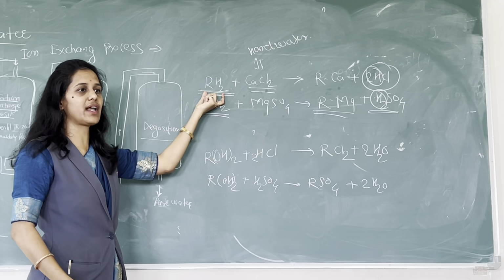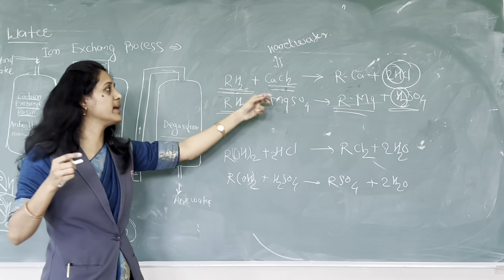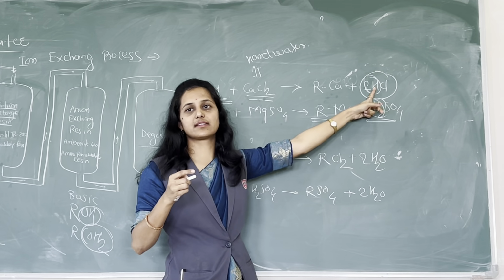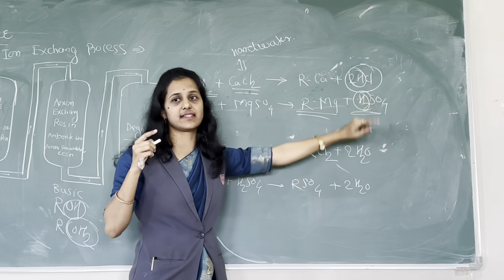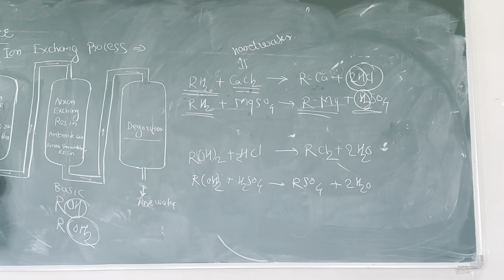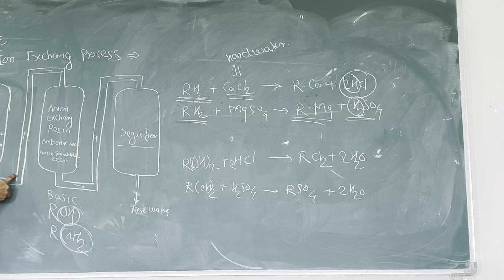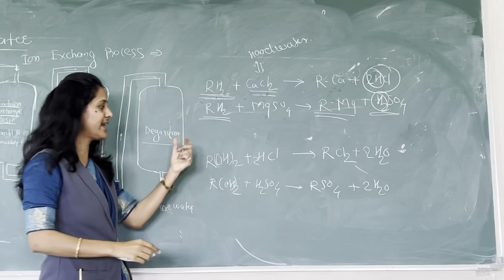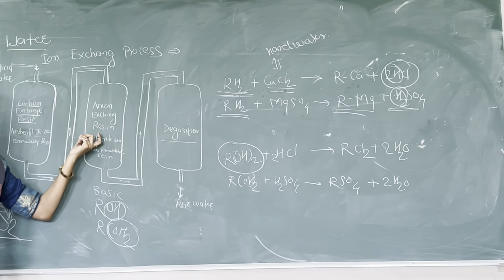Because now your cation exchanger resin RH2 becomes RCa and H plus is released. This H will combine with Cl and the water becomes acidic. So the water coming out from the first tank is now acidic. This acidic water is inserted into the second tank, which contains the anion exchanger resin.